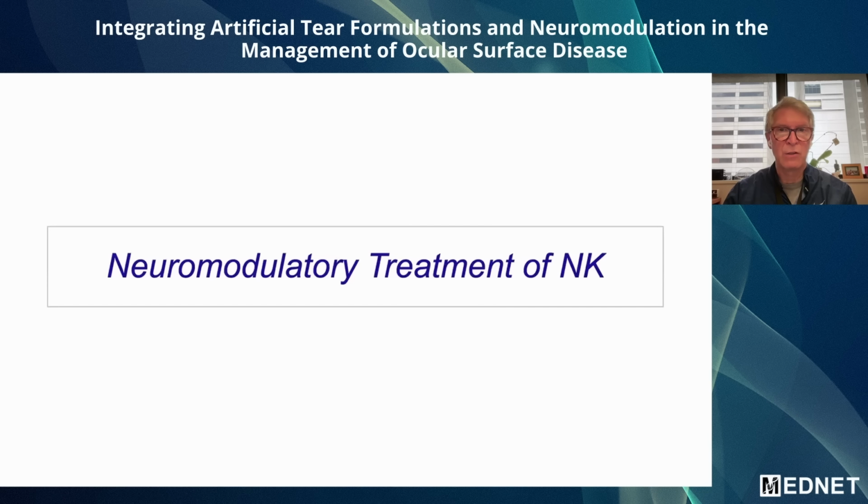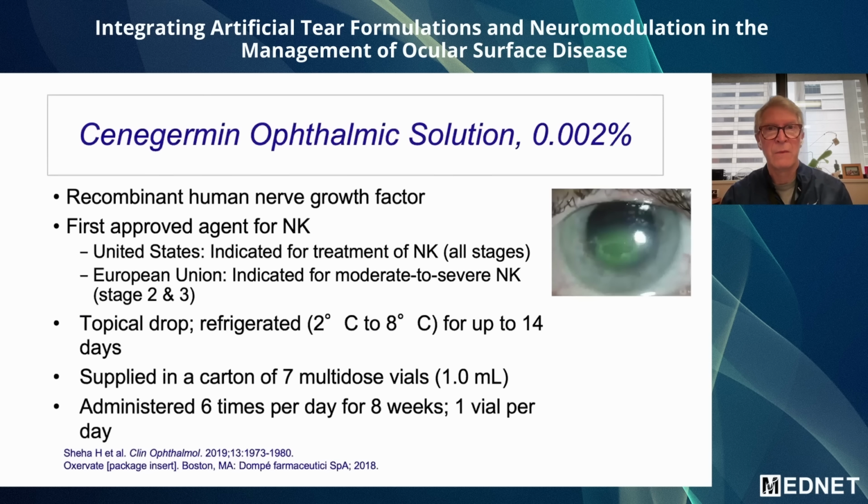Now I'm going to talk about neuromodulatory treatment of NK, and that would be Cenegermin ophthalmic solution. It's a recombinant human nerve growth factor and the first FDA-approved agent for NK.